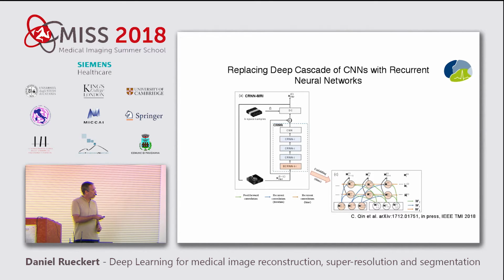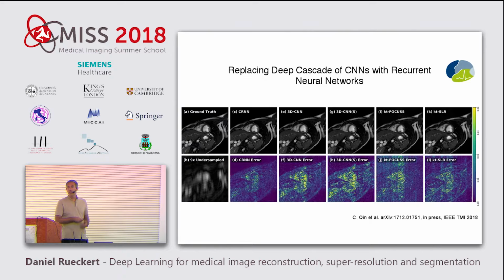So here is one unrolling where we unroll for different time frames. But we can also unfold the different iterations of the optimization process. And so we can solve these two problems with the same recurrent neural network and simply learn one recurrent neural network to do this much more efficiently.